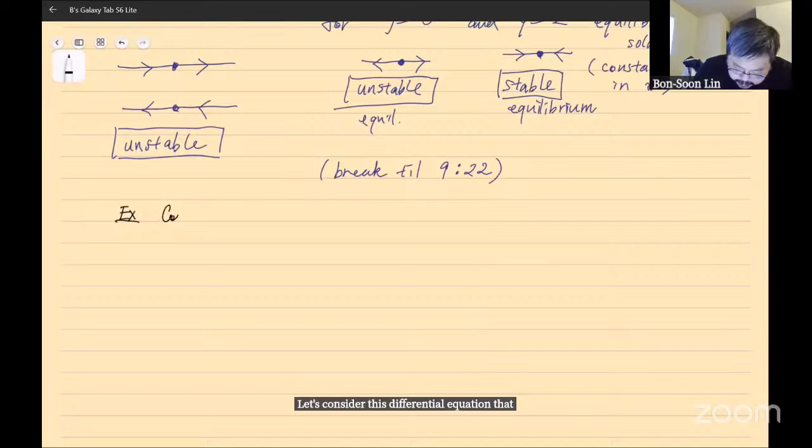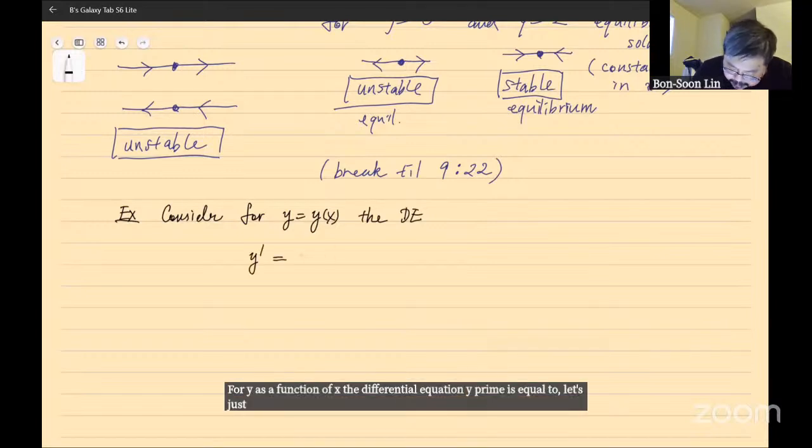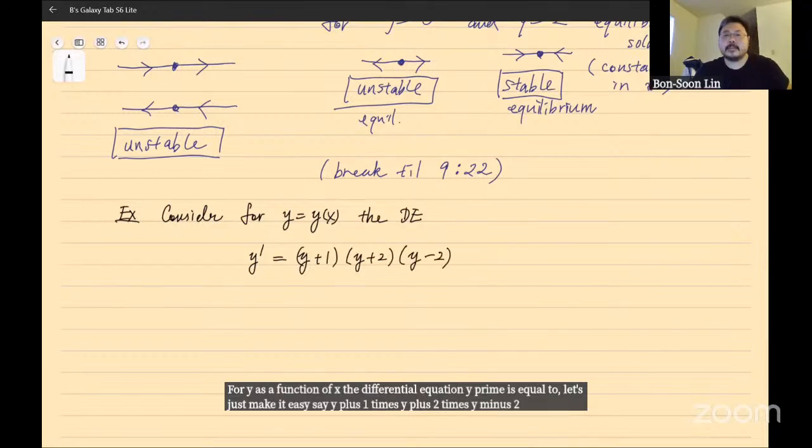So consider, for y as a function of x, the differential equation y prime is equal to, let's just make it easy, (y + 1)(y + 2)(y - 2), like this.